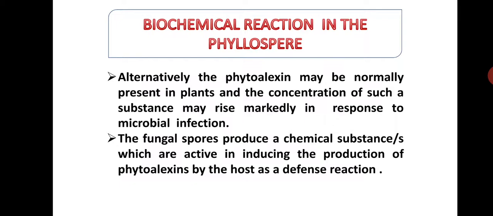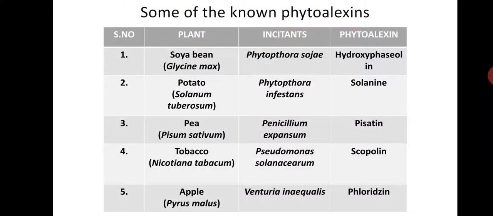Fungal spores, you know that fungal growth is through spores, also produce a chemical substance that is quite active in inducing the production of phytoalexin, right? So bacteria and fungi are all helping in removal of pathogens which are not good for the growth of plants. Okay, let's move on to the next one.